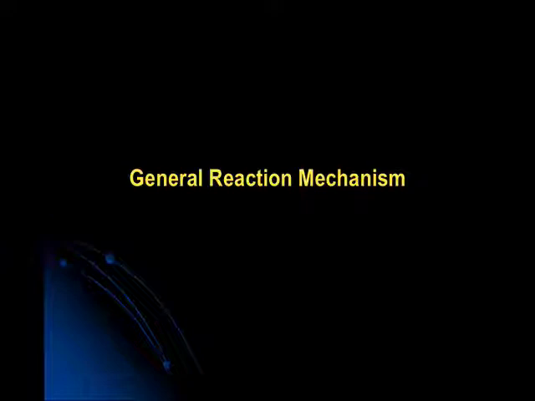Not all Lewis acids have to be positively charged. They just have to be able to accept a pair of electrons, right? The definition of Lewis acid is not that it's positively charged. The definition is that it's an electron pair acceptor. It just so happens a lot of them are positively charged. So I draw the arrow from here to here, and I make what's called a Lewis acid Lewis base complex.